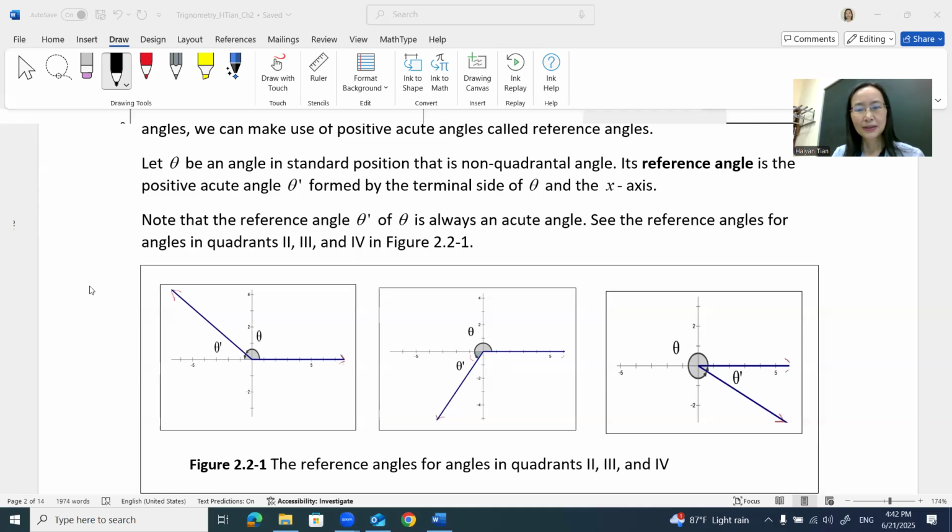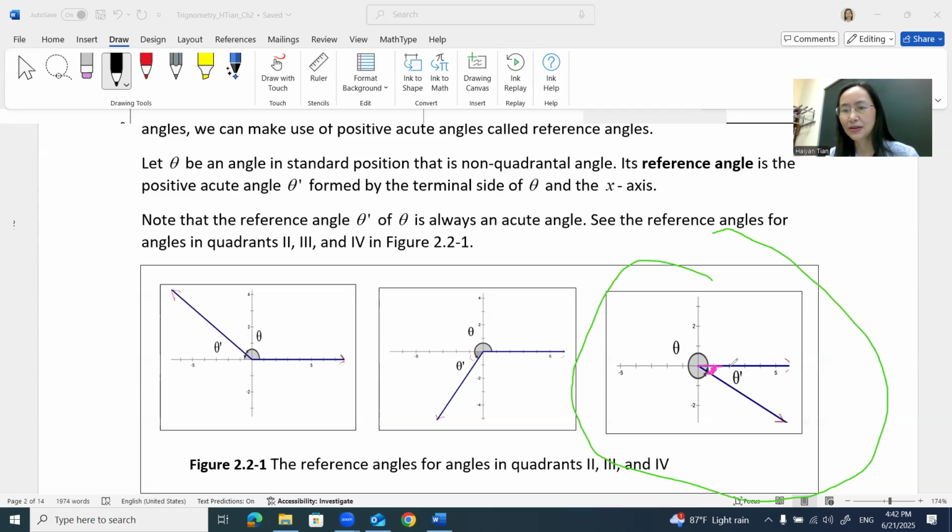And the third case, what if the angle is in the fourth quadrant? Again, let's look for the reference angle. So this terminal side is in the fourth quadrant. We decide the reference angle by looking for this acute angle formed by the terminal side and the x-axis.